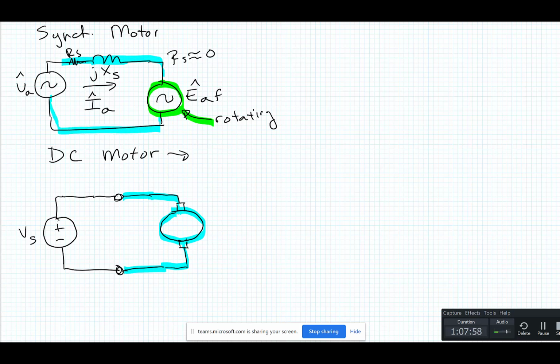And you have voltage back EMF, EAF, right here, but it's a DC voltage now. And that voltage is equal to Ka times phi d times the mechanical speed of the motor, omega m, or it's the same thing as what we've been calling omega r.